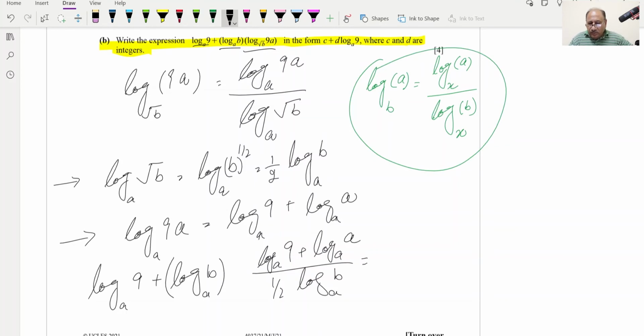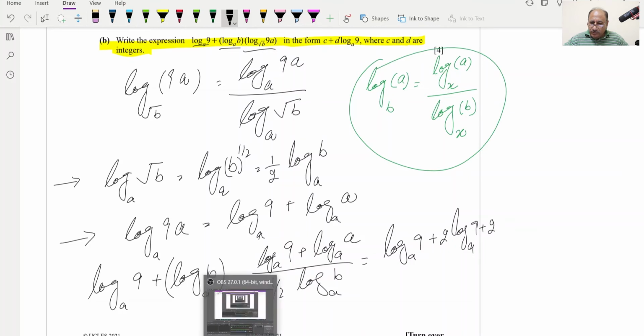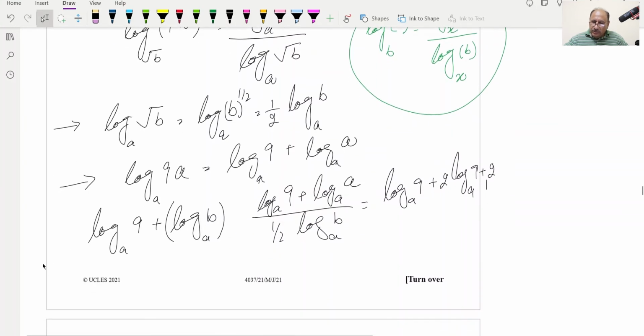So we can write this as log base a of 9 plus 1, and the 1 by 2 we can move to the numerator, so it will be 2 log base a of 9 plus 2.